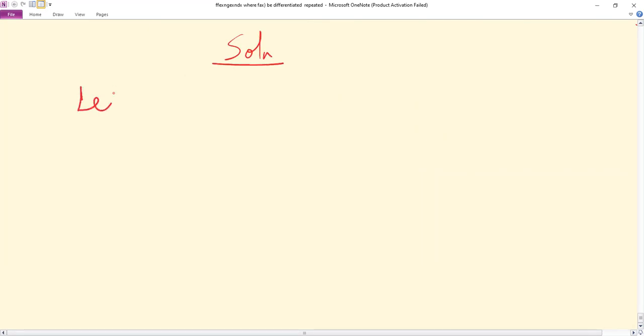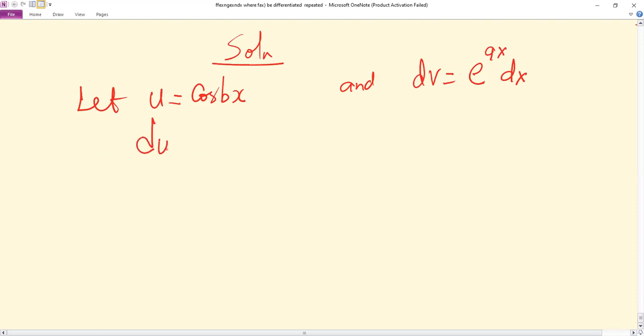So I say let u be cosine of bx and dv be given by e raised power ax dx. So that's step one. Now we have to get du, and to get du, you will use the substitution method.